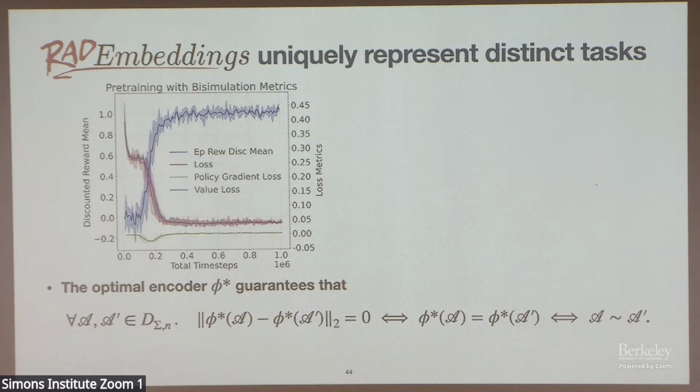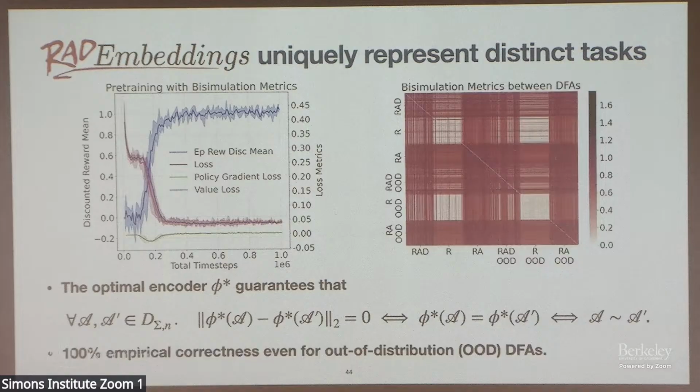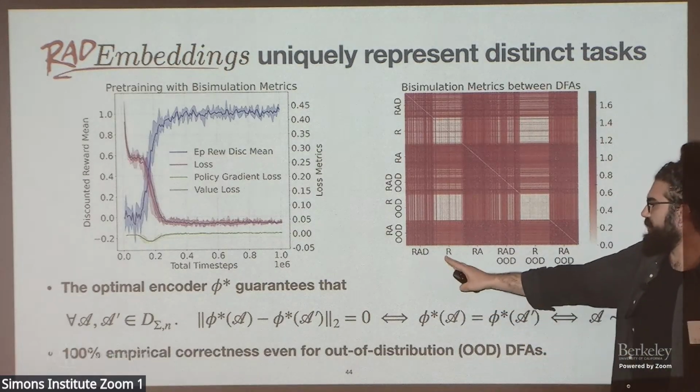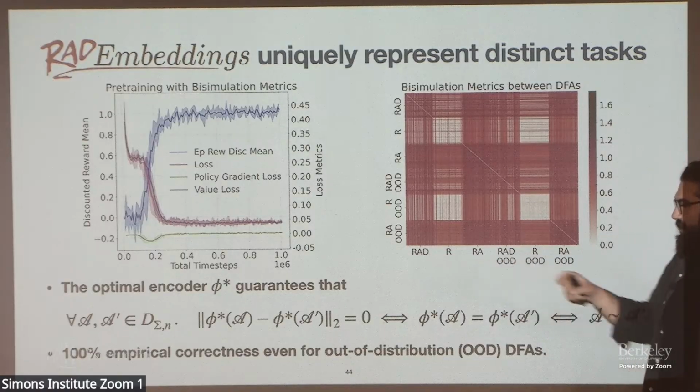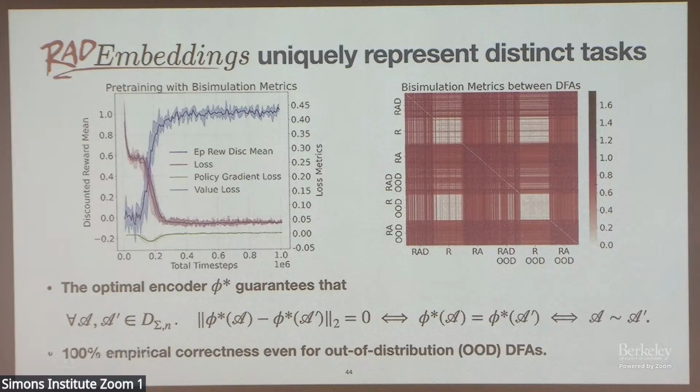So when we train this, the objectives are now shown as loss here. We quickly learn the bisimulation metric over DFAs. And here I generated some reach avoid derived, reach, and reach avoid DFAs. These have at most 10 states, and this is what we trained on.